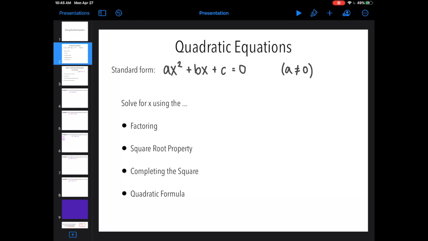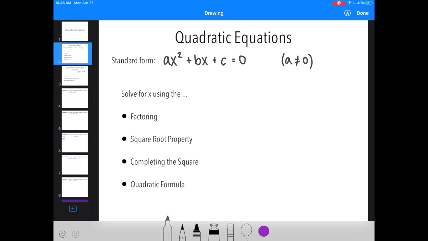But first let's take an overview scope of quadratic equations. A little bit of throwback. The most basic form of quadratic equations, also noted as standard form, is ax squared plus bx plus c, set equal to 0. A little caveat is that your a value, your coefficient, cannot be 0.